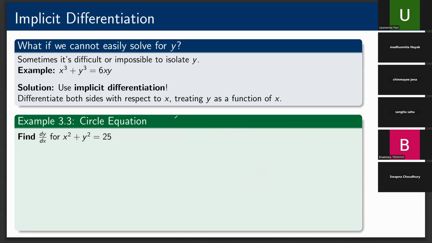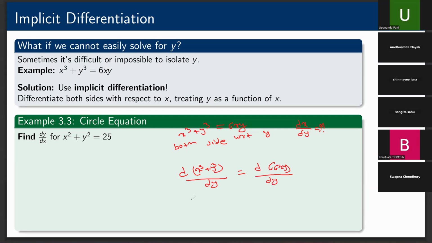So let me do it again. Given here, x cube plus y cube equal to 6xy. So I have to take the derivative of both sides with respect to y, as I have to find dx upon dy. So the derivative of x cube plus y cube with respect to y, and on this side also the derivative of 6xy with respect to y.